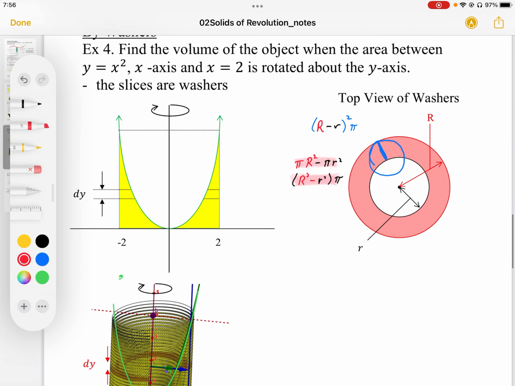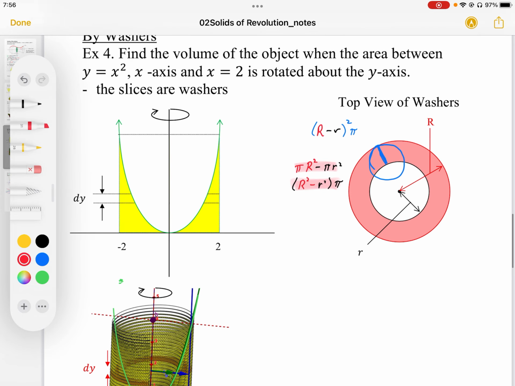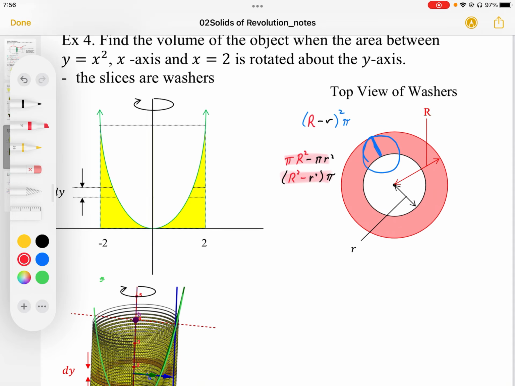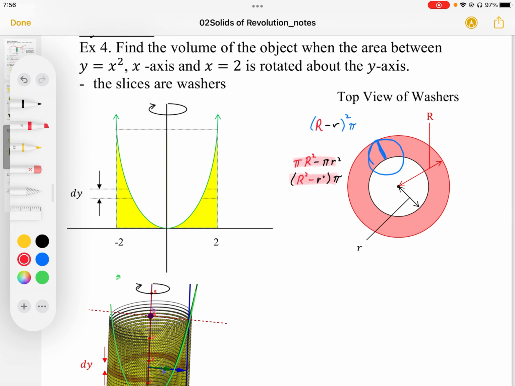Okay, so again, the first thing we need to do is determine the cross-sectional area. Is it a circle or is it a washer? And we have to be aware of when we are using what. If we have a washer, we need an equation that calculates the outside edge, so we need the outside radius.